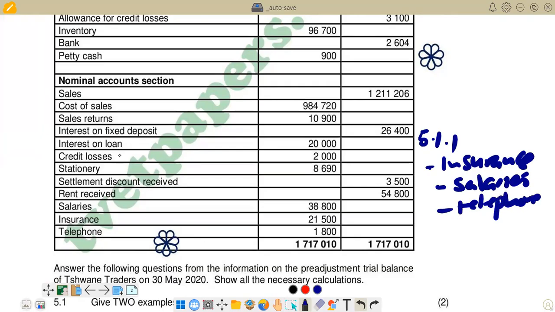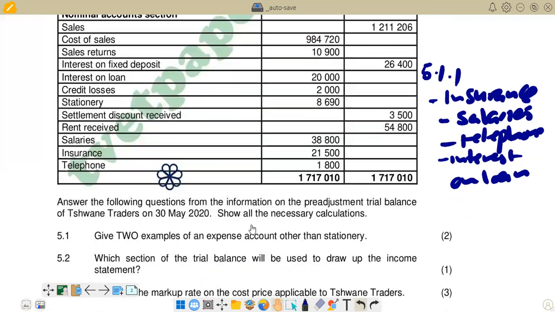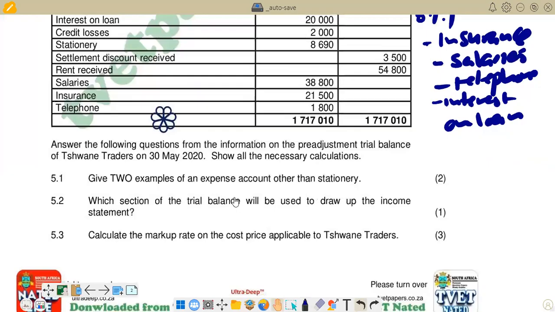If you check again, we've also got interest on loan as an expense. So these are the examples that we have in the question, but the question is only asking for 2 examples, so you can just pick 2 that are easier for you, but all of them are correct. We go to the next question.